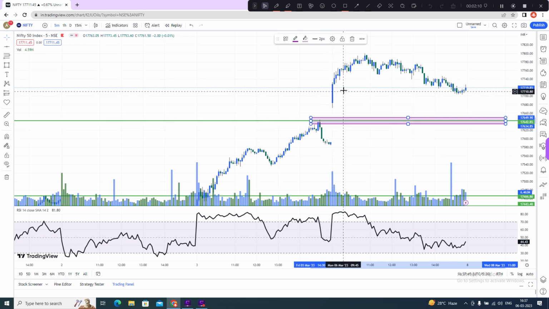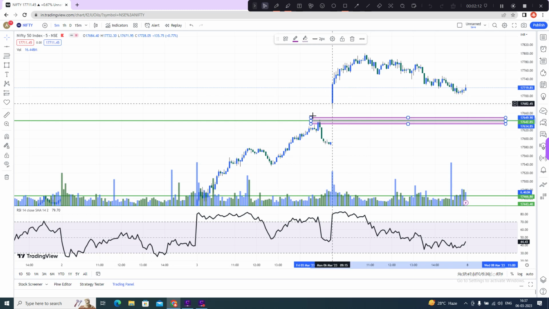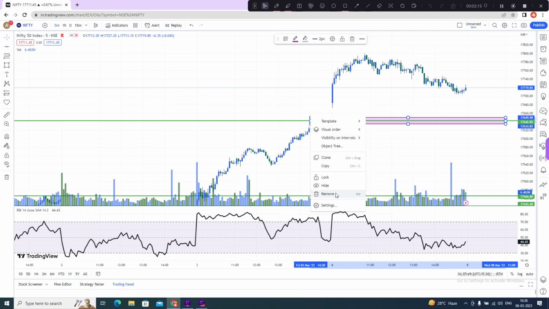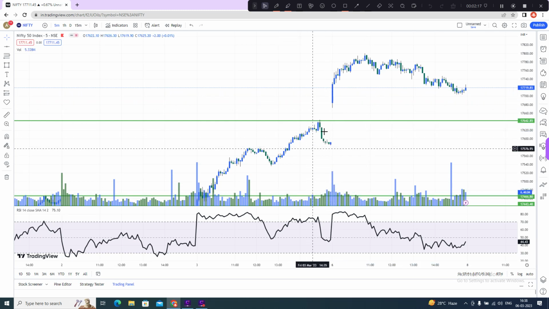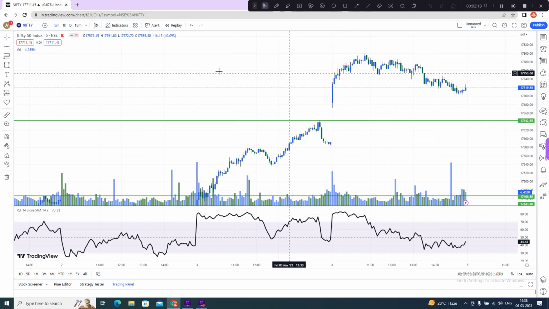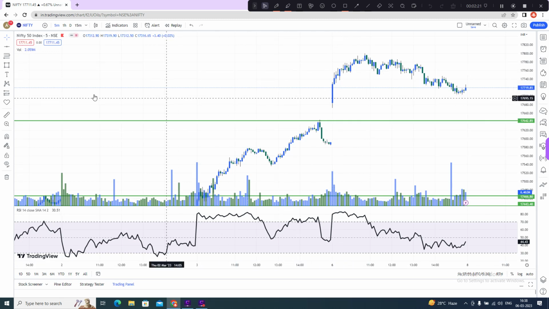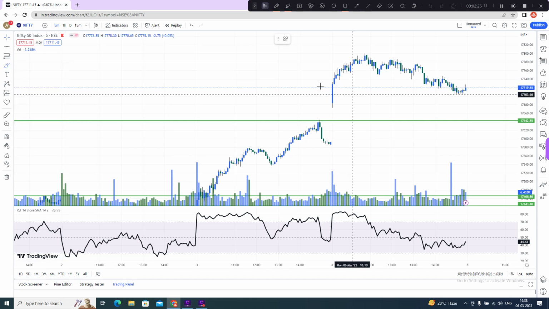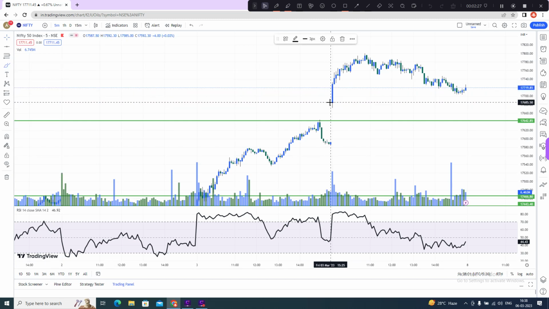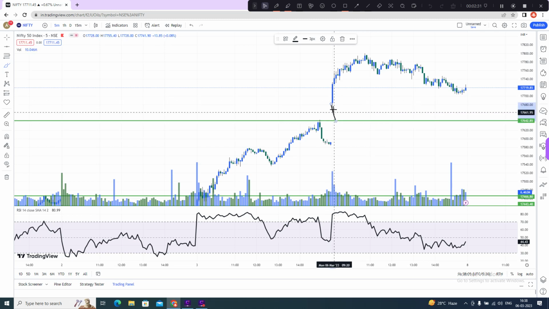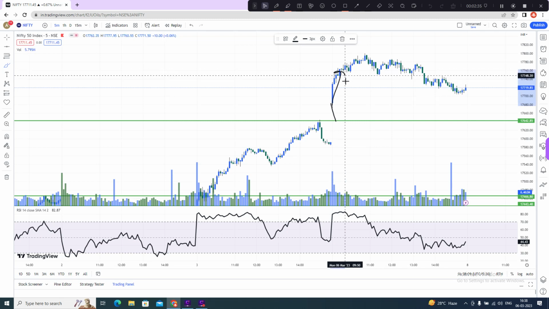Whenever price gives a breakout of a resistance, then either two things can happen. Either the price may come down for the retest, or the price might not come down, but instead it can continue its upward momentum. So today this second case happened.